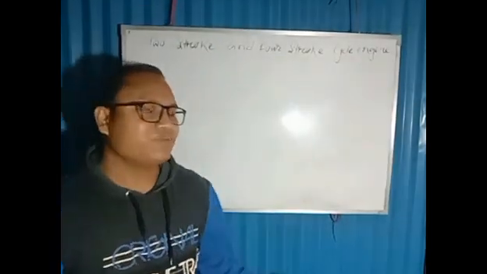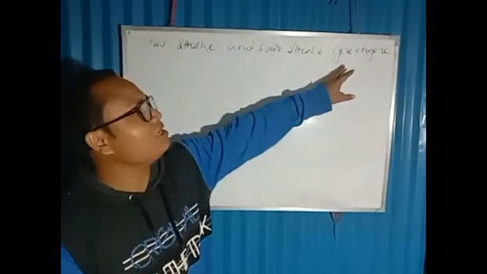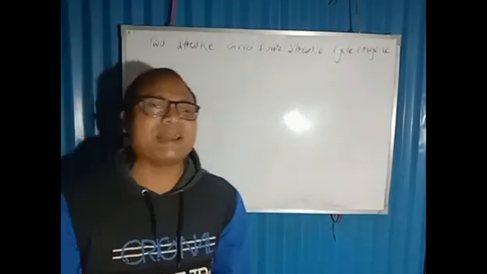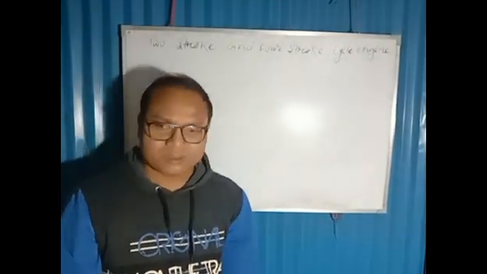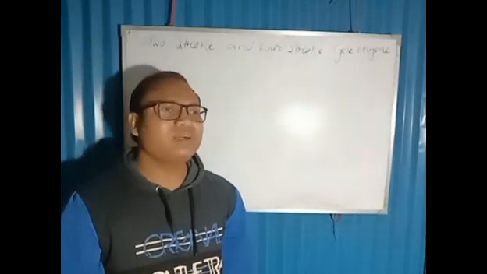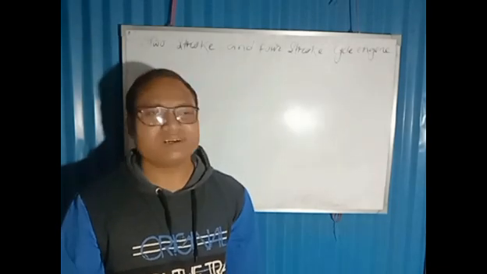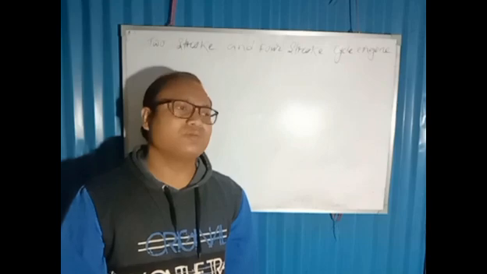First of all, let us understand the cycle of an engine. What is the cycle of an engine? We know that when the engine is started, the crankshaft is rotating.